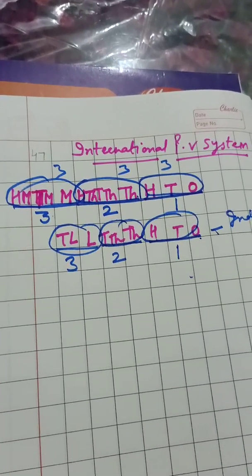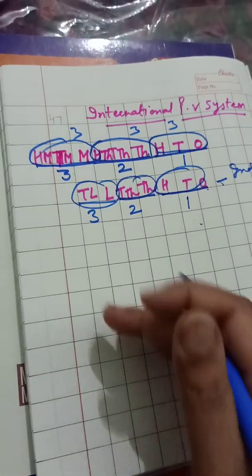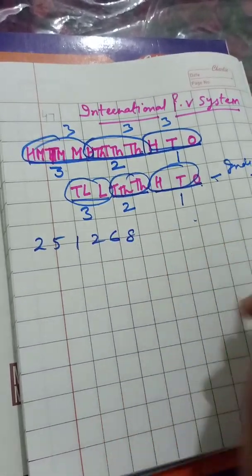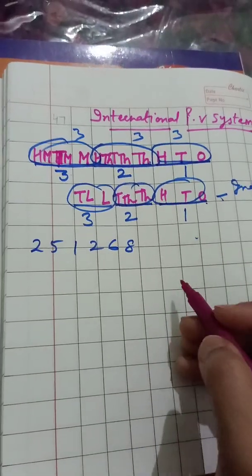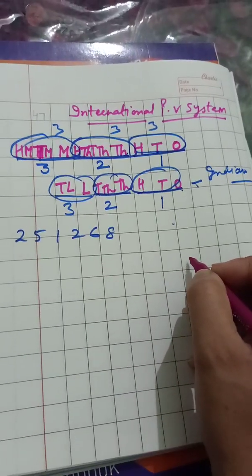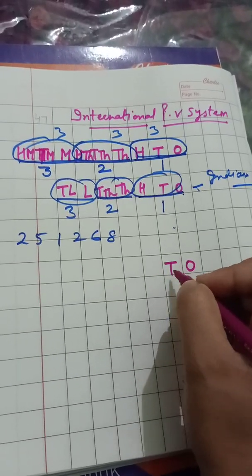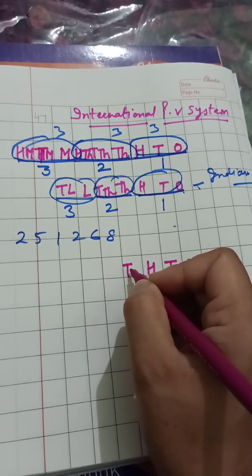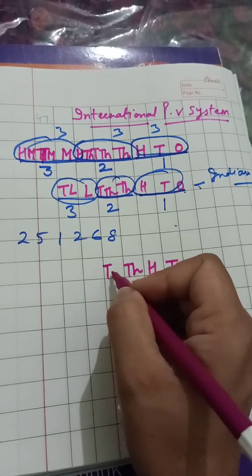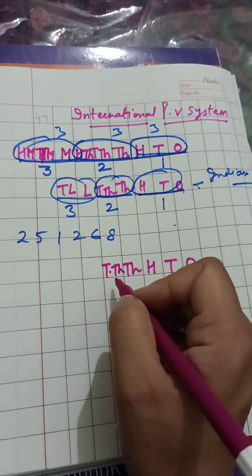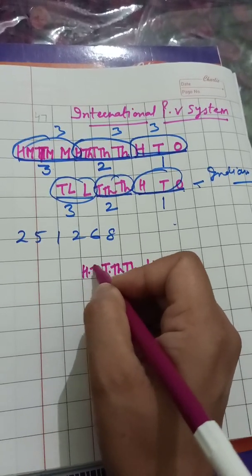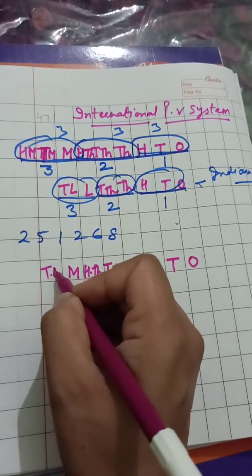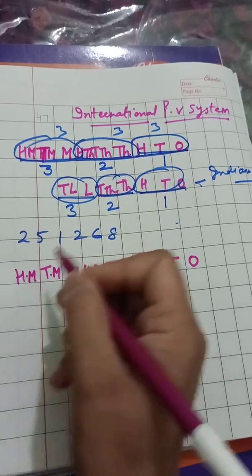Now how to write a particular number in the international place value system. Suppose the number is this. Start writing the places of the international place value system: ones, tens, 100, 1000, 10,000, then 100,000, million, 10 million and 100 million.